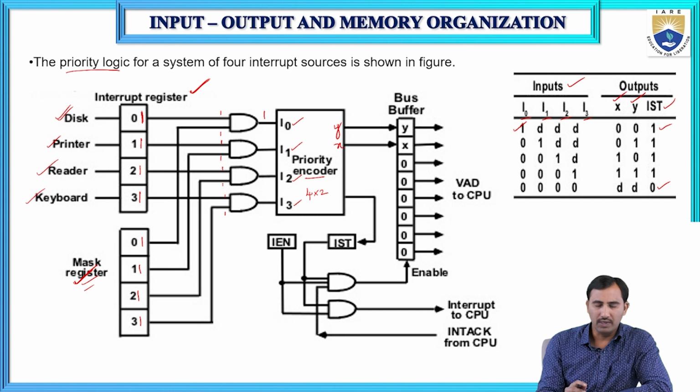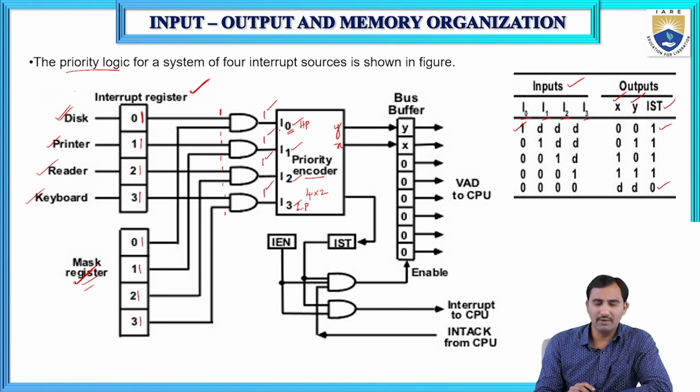So all the outputs of the AND gates are 1. Here, four devices raised the request at a time. We have set the priority so that 0 has the highest priority and 3 has the lowest priority.